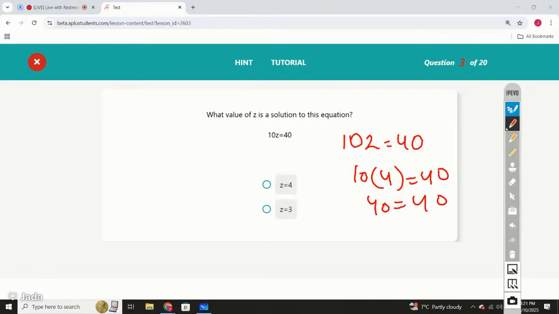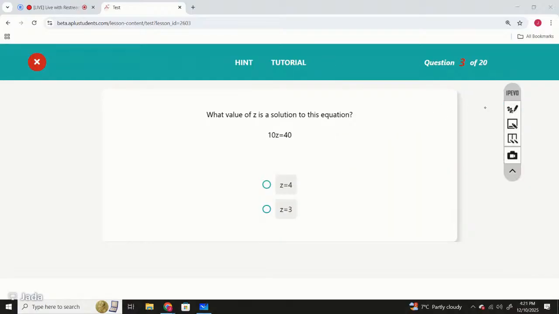The correct option is z equals 4. Option number 1 is the correct option.